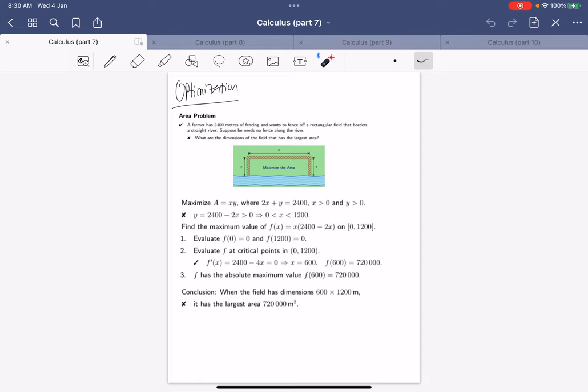If we draw a picture to visualize, it means that 2x plus y equals 2,400, and this means x is between 0 and 1,200.